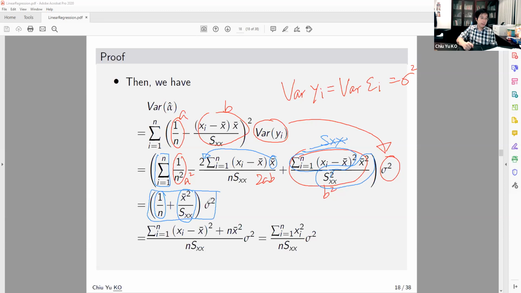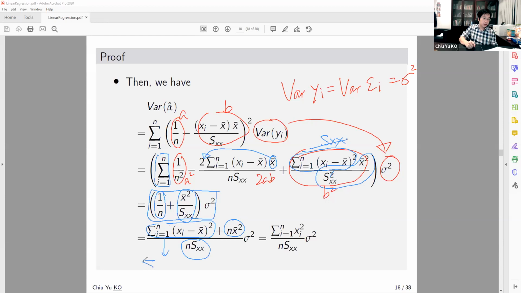And you can further simplify by making the common denominator. You multiply n, you multiply the other side. And Sxx is this guy. And this guy you can simplify.